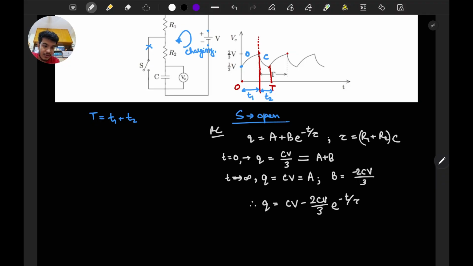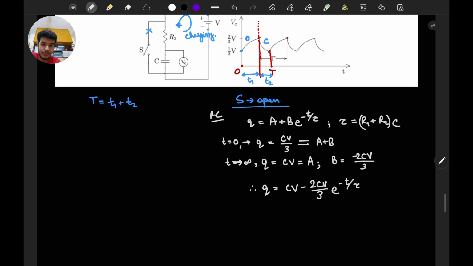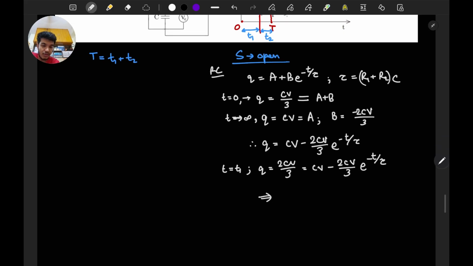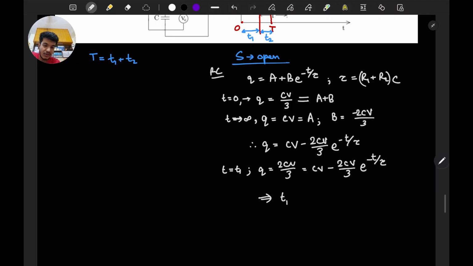Let me write one thing. We know at t equal to t1, Q is 2CV by 3. So it is CV minus 2CV by 3 e power minus t by tau. From here, if you solve the equation, you can see that T1 equals (R1 plus R2)C ln2.